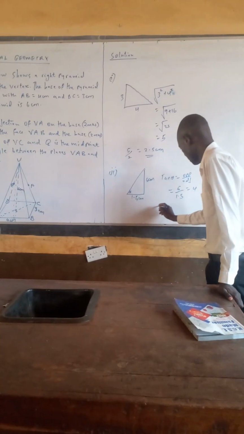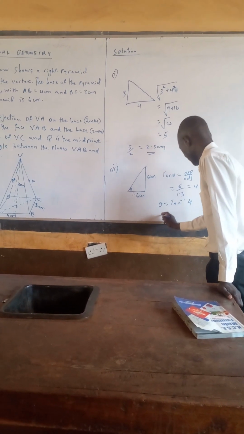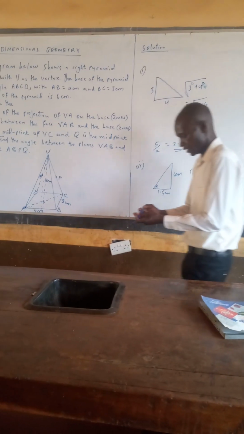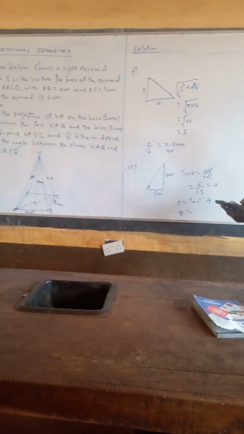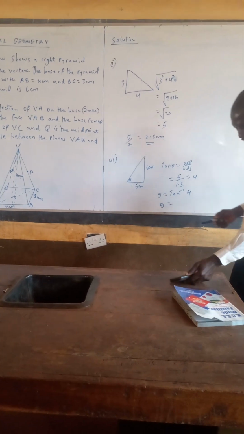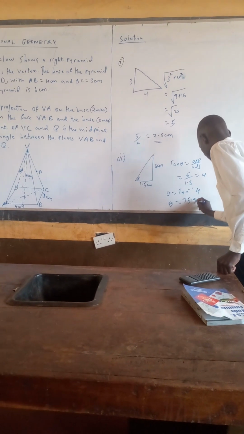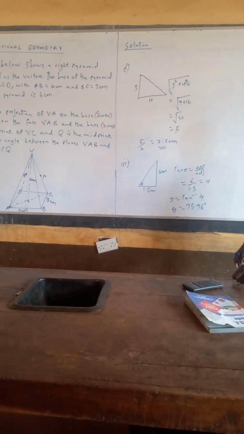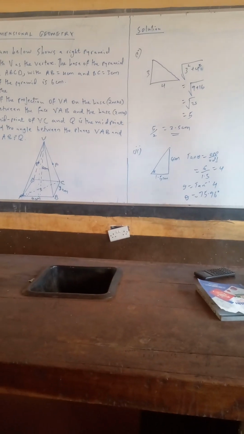So theta will be equal to the tan inverse of 4, and we can compute this on our calculator, giving us 75.96 degrees. So that becomes the angle between the face VAB and the base.